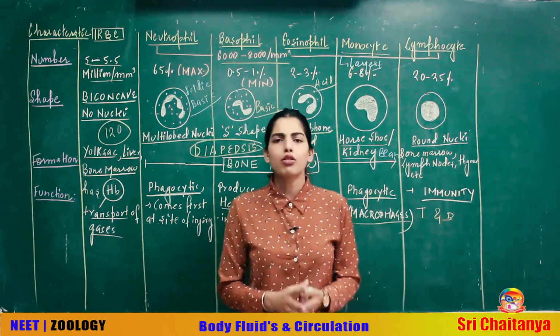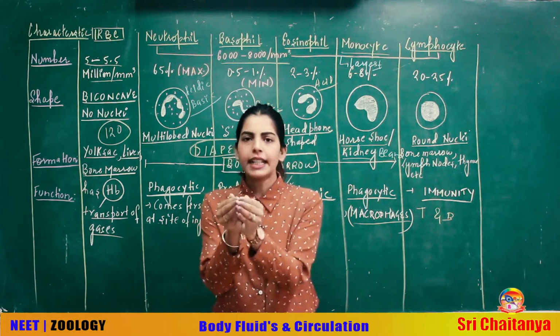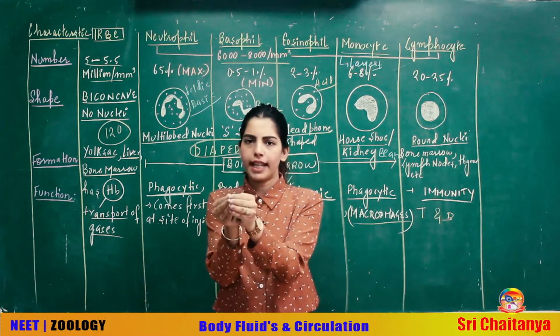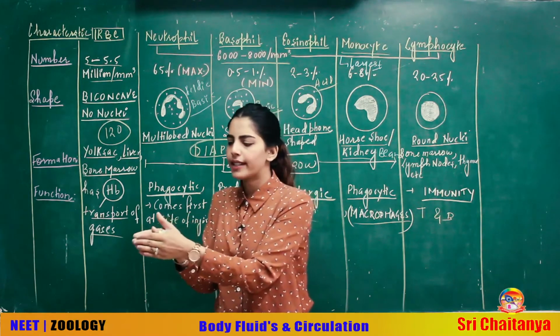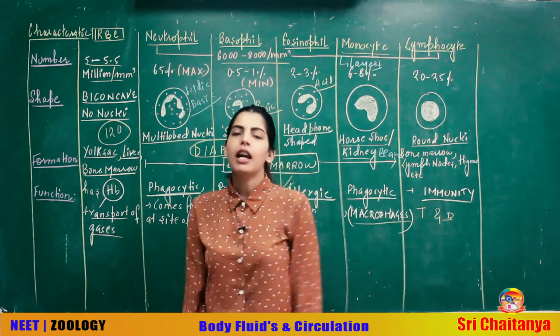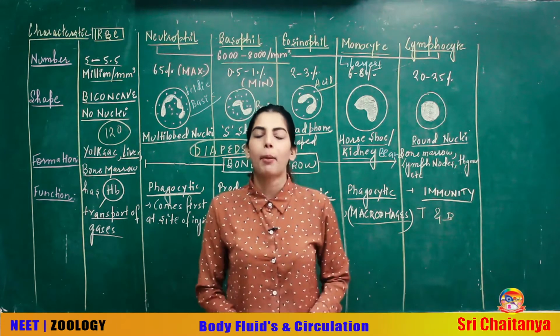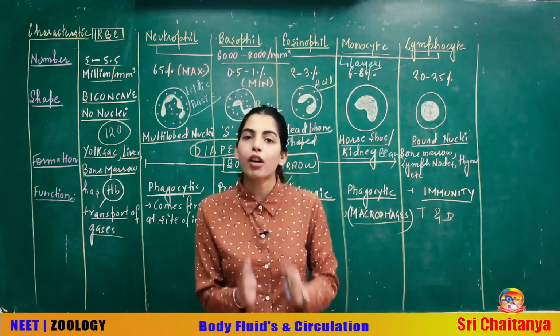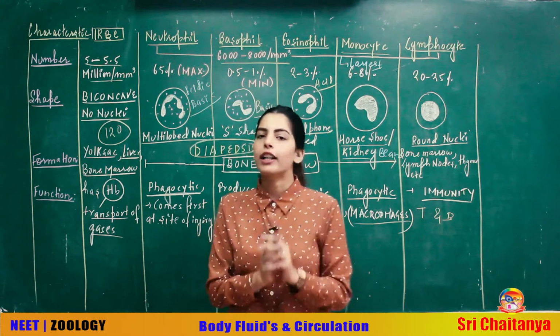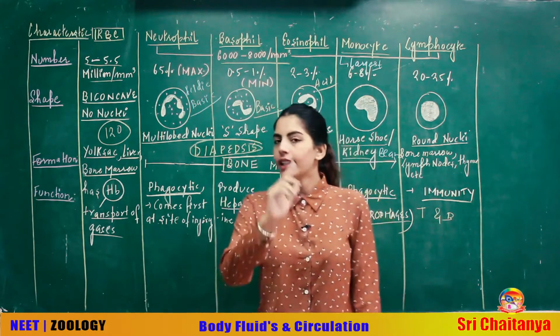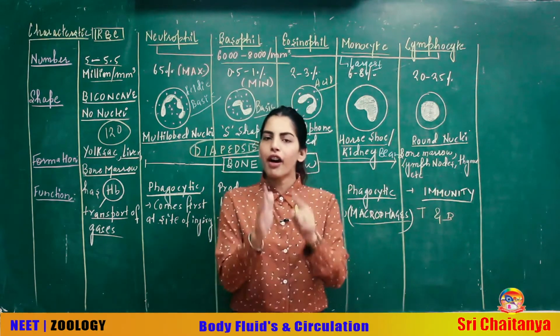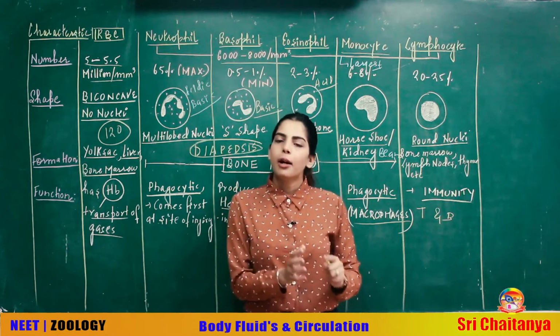The white blood cell, students, for its functioning, can change its shape. Suppose this is the white blood cell, it is always going to squeeze like this, squeeze out of the blood capillaries, and this changing in shape and squeezing out of the blood capillaries, this movement of the white blood cells is called diapedesis.